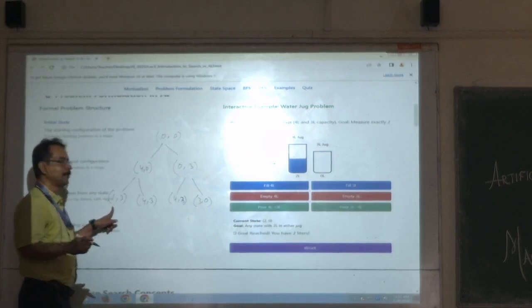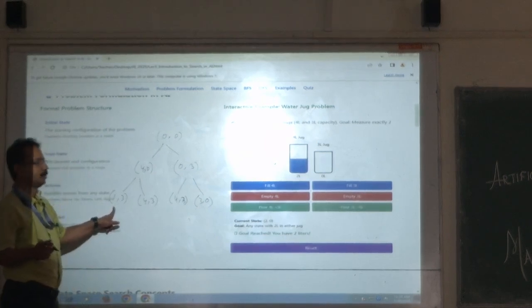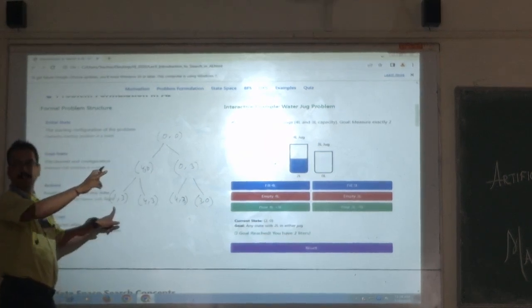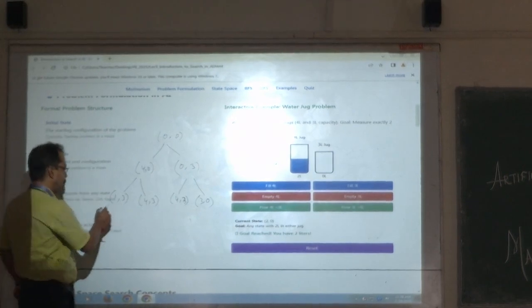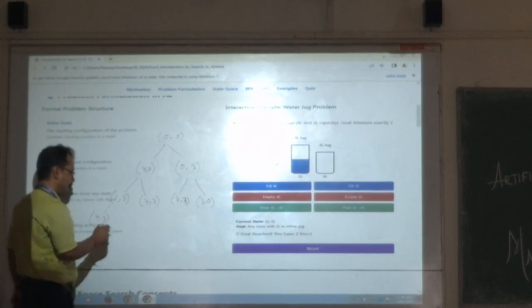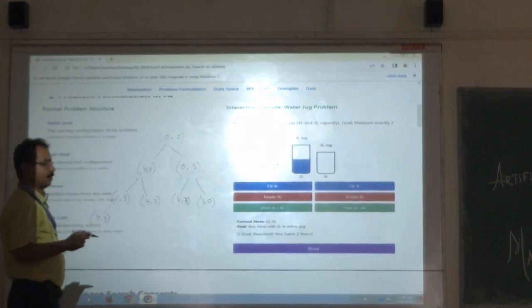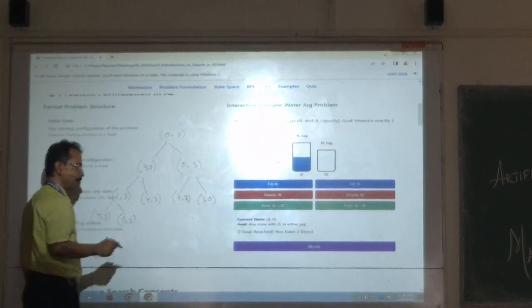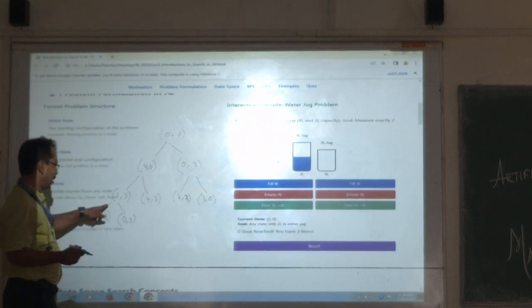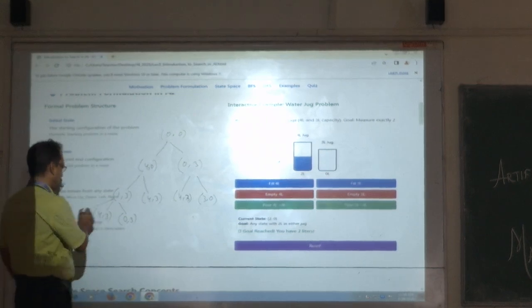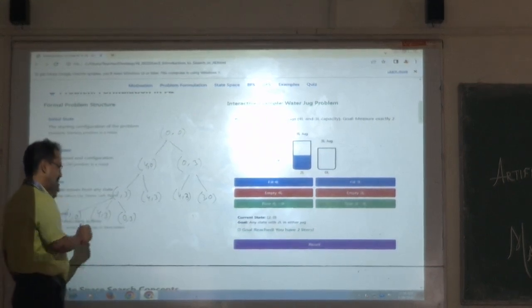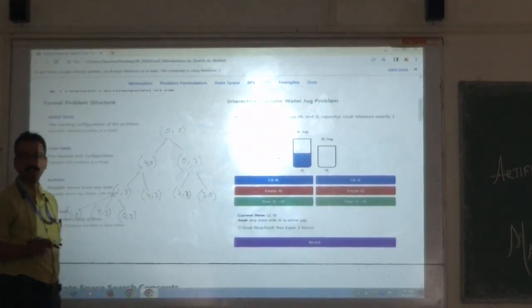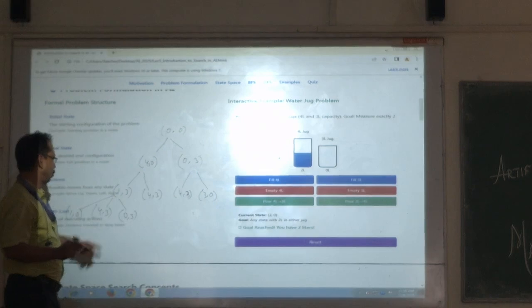Now from 1, 3, it comes 4, 3. 1, 3 means it can come 0, 3. Then 1, 0. Anything else? 4, 0.